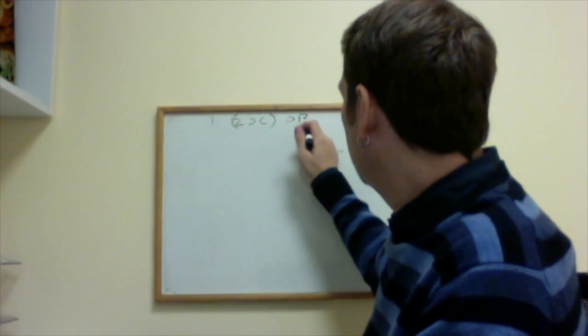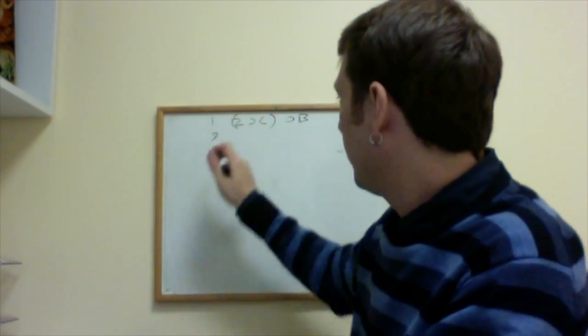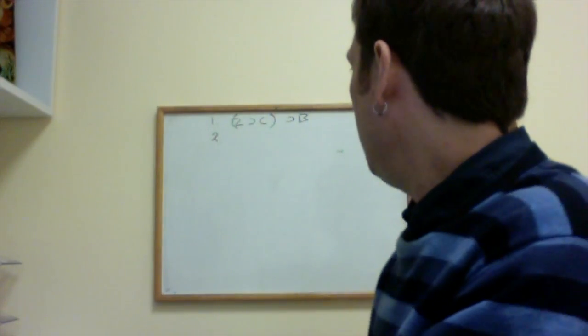So there's our first premise. Z horseshoe C, in parentheses, horseshoe B.